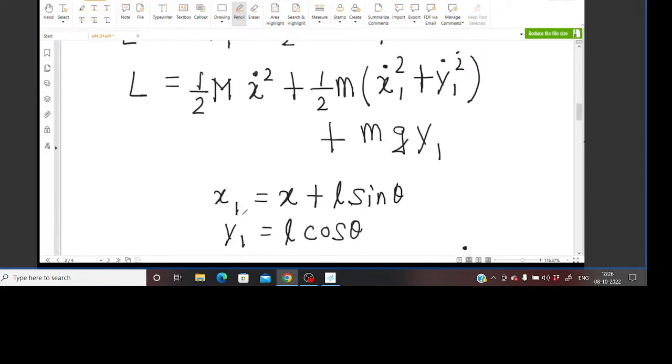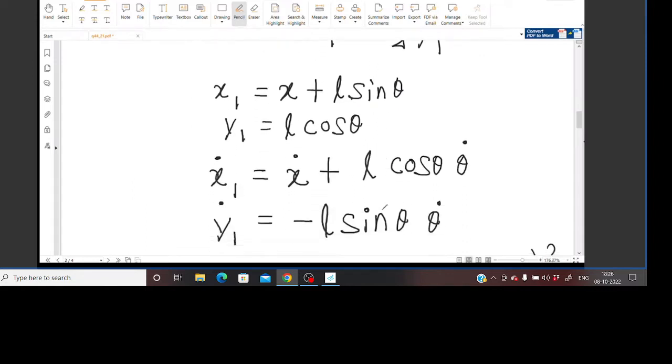Now x1 is equal to x plus L sin theta and y1 is equal to L cos theta. So x1 dot is equal to x dot plus L cos theta into theta dot, and y1 dot is equal to minus L into sin theta into theta dot.